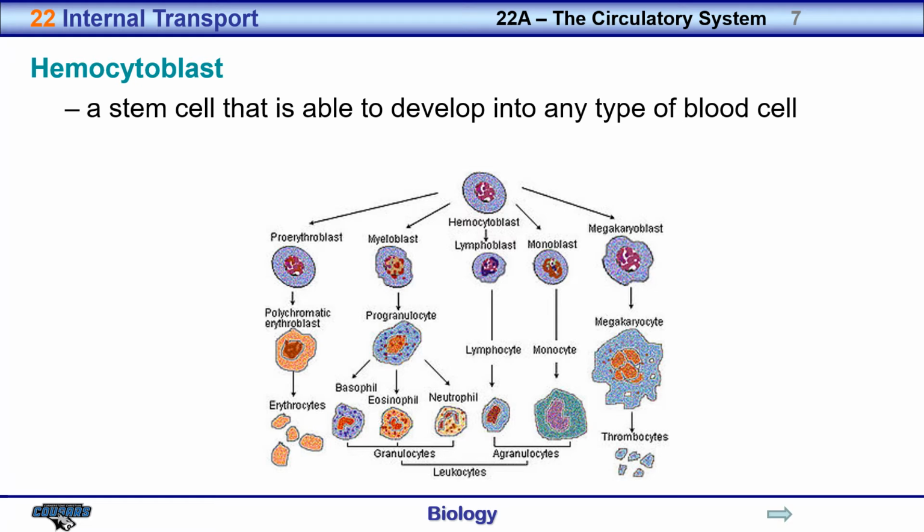Those different names like basophil, eosinophil, and neutrophil are all parts of leukocytes. And then we have the lymphocytes, and the monocytes are also leukocytes. And then we have thrombocytes way at the bottom right, and those are the ones for blood clotting.